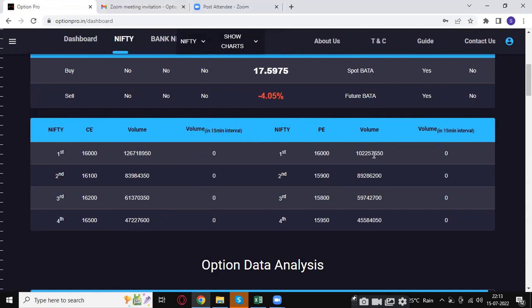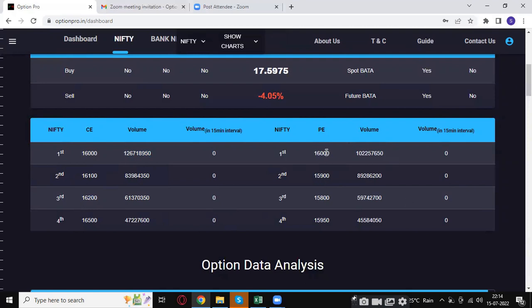Okay, this is what exactly you can find from this data. You can see if the highest volume right now is at 16,000, but in 15 minutes, the highest volume change is happening at 16,200 or 16,500 or 16,100, then it is a positive sign, right?